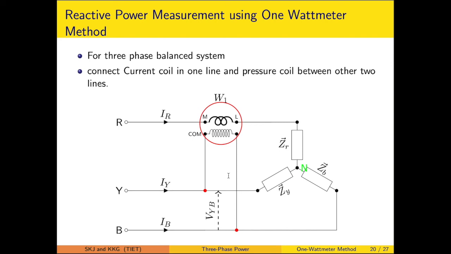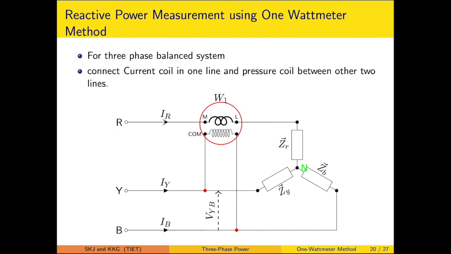In case of the 1 wattmeter method, we have to connect the wattmeter in a special way, and with one measurement we can get an idea about the reactive power.